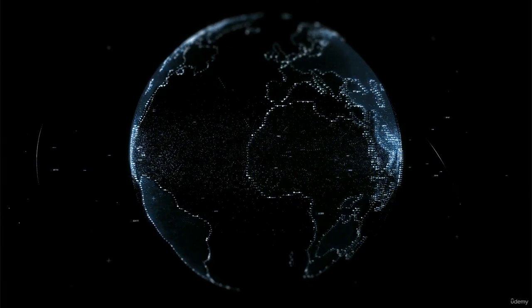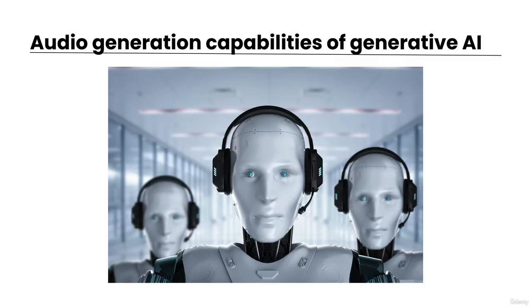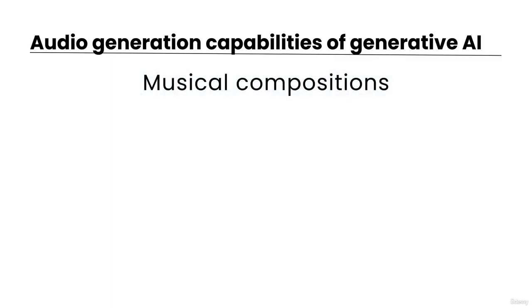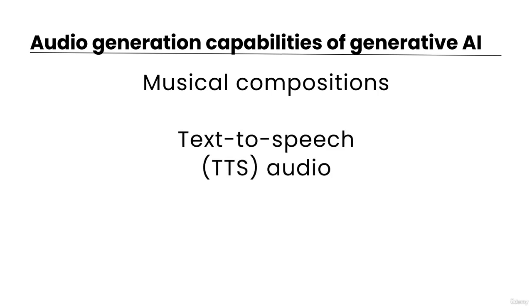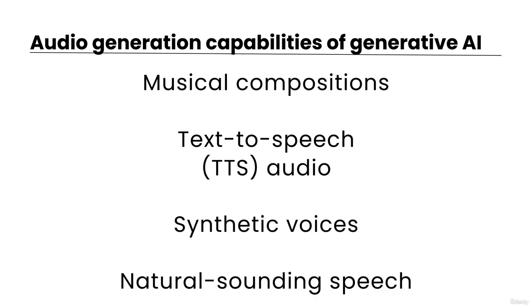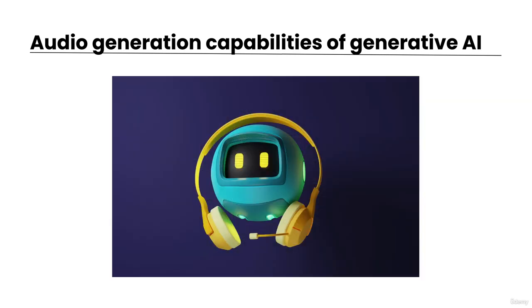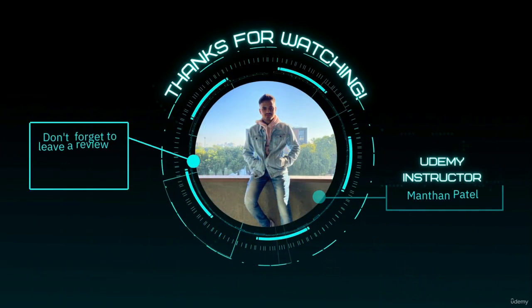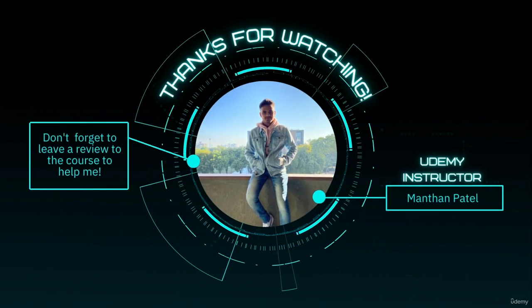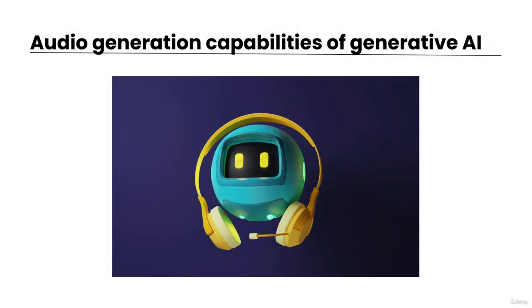In the context of audio generation, generative models can generate new musical compositions, convert text into audio using text-to-speech, or TTS, and generate synthesized voices and natural-sounding speech. Generative models can convert, modify, transform, and clean up voices, also reducing background noise and enhancing audio quality.